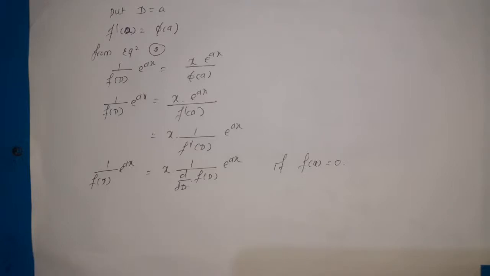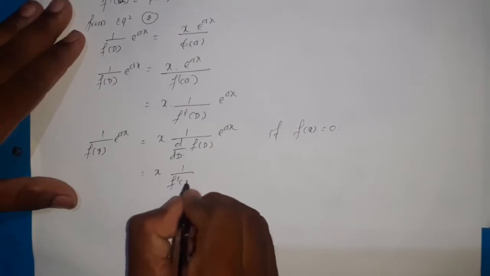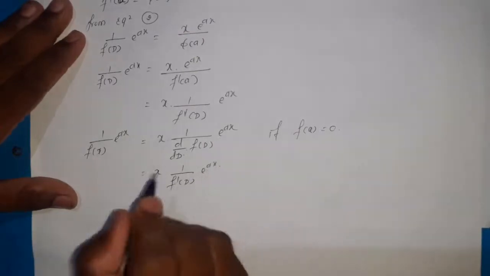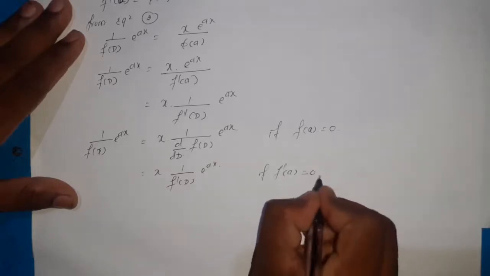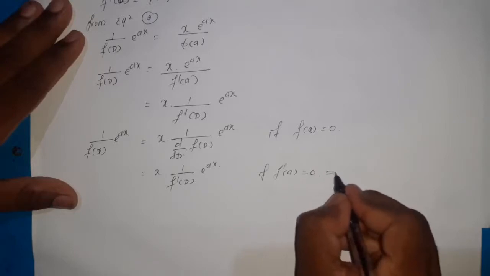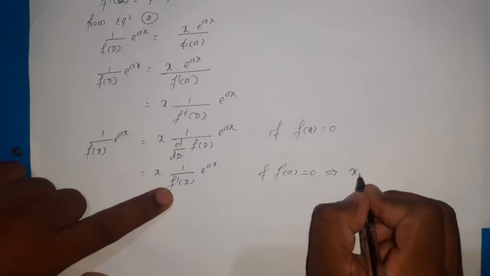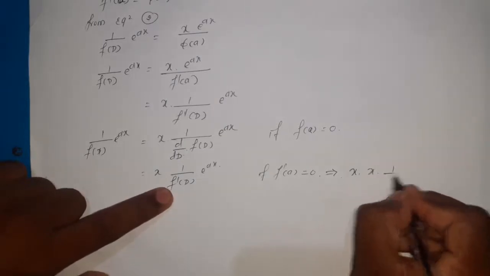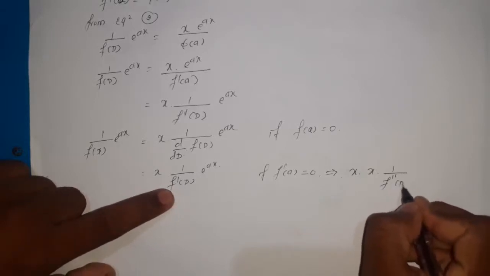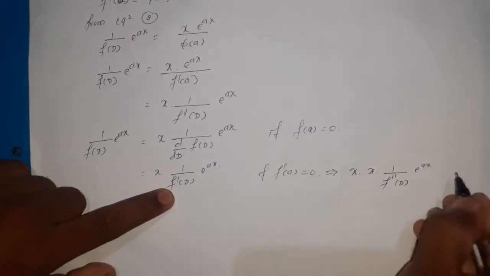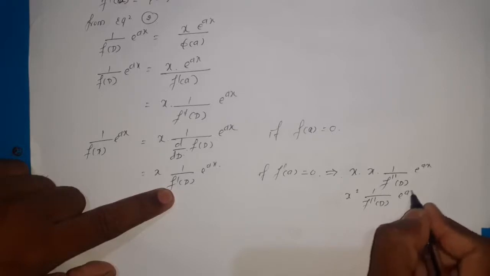non-zero denominator. So here we have 1 divided by f dash of D into e power ax. If f dash of a is equal to 0, then x is already there, and if the denominator is 0, then it is x into 1 divided by the differentiation of the denominator, that becomes f double dash of D into e power ax, meaning x square into 1 divided by f double dash of D e power ax.